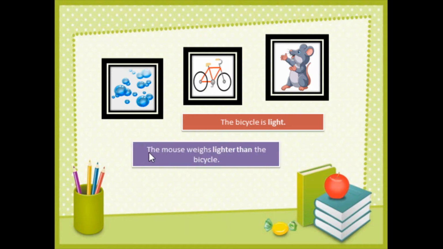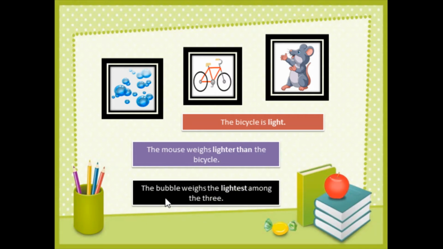Next, the mouse weighs lighter than the bicycle. Again, the mouse weighs lighter than the bicycle. Very good. The bubble weighs the lightest among the three. Again, the bubble weighs the lightest among the three.